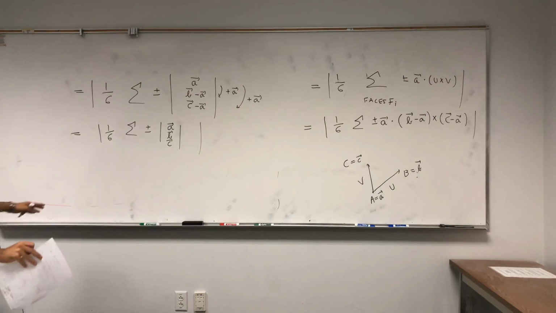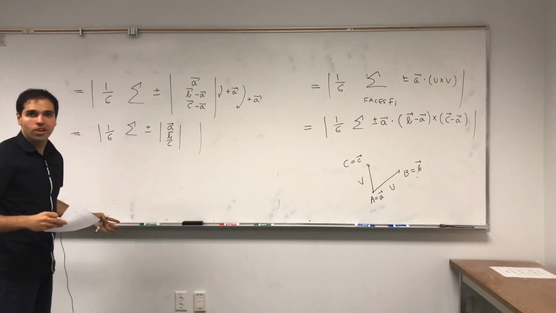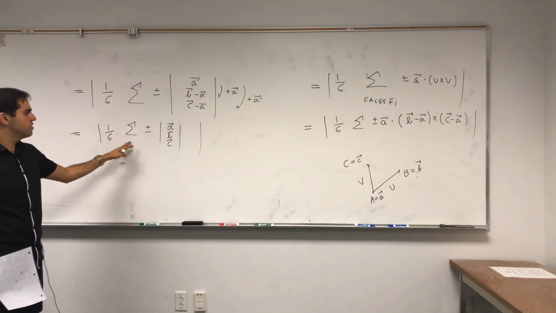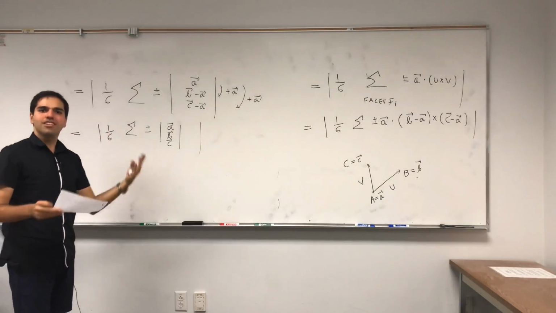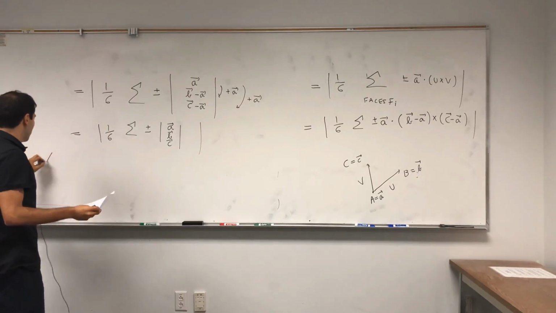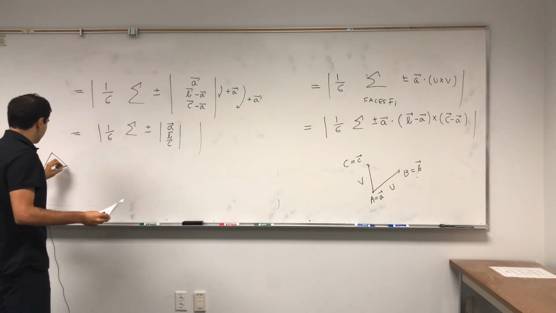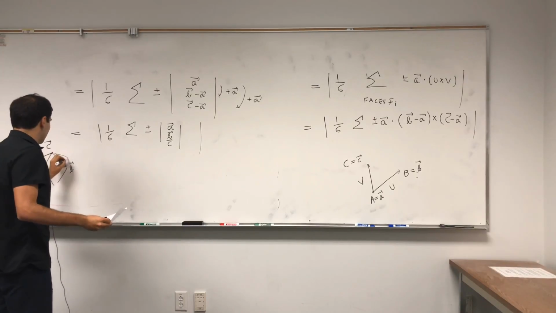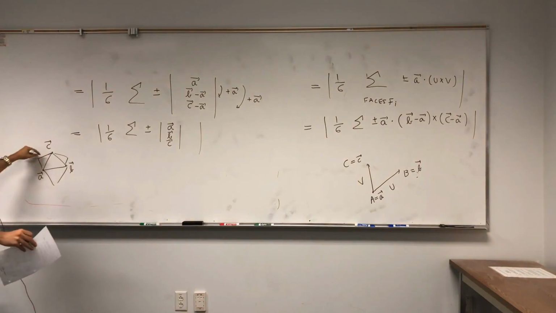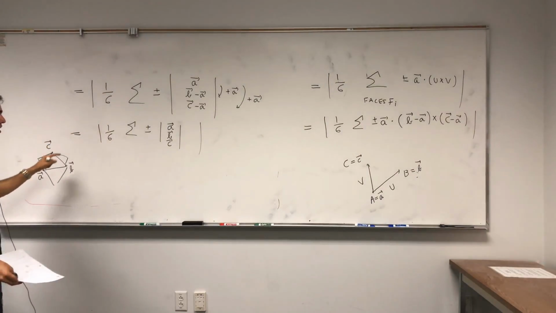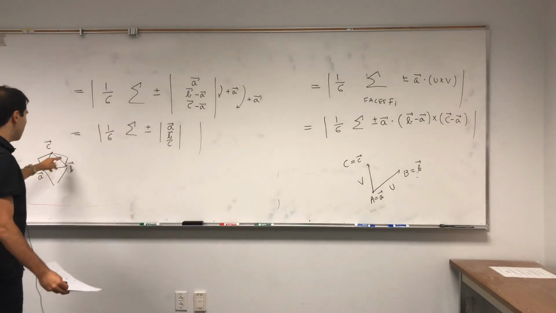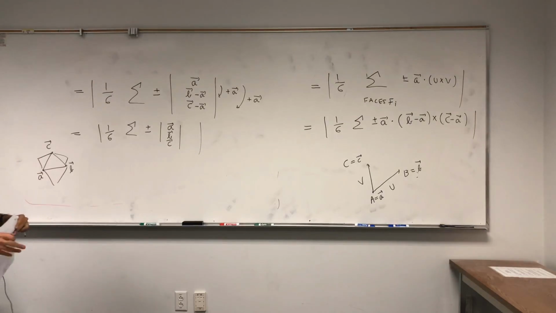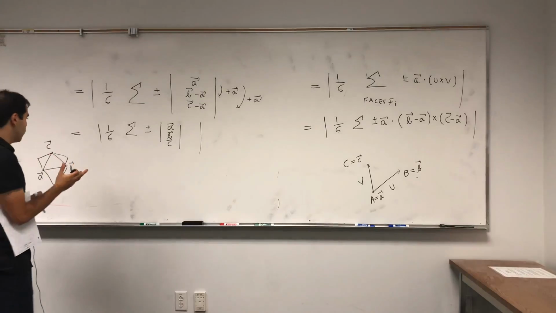So this is really neat. In other words, if the faces of your polyhedron are triangles with vertices A, B, and C, then the volume of your polyhedron is 1/6 times the sum over all your faces of the determinant formed by A, B, and C, plus or minus depending on the orientation.